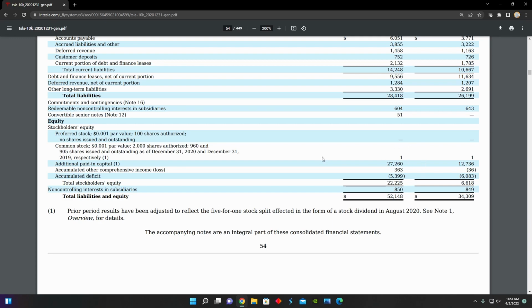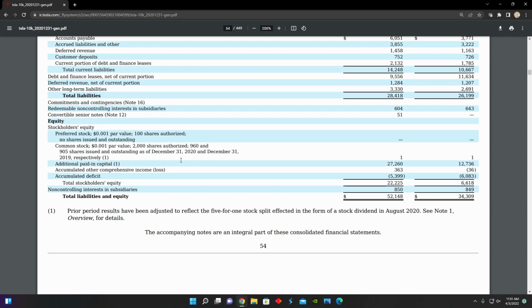So this is a little bit confusing. People see all these numbers, it doesn't make much sense, right? So what this number right here is representing is the par value multiplied by the amount of shares outstanding, basically, I believe. So basically, like I said before, a par value is extremely low.